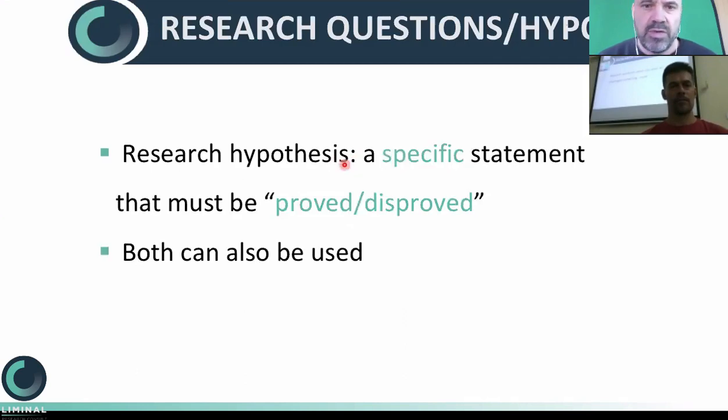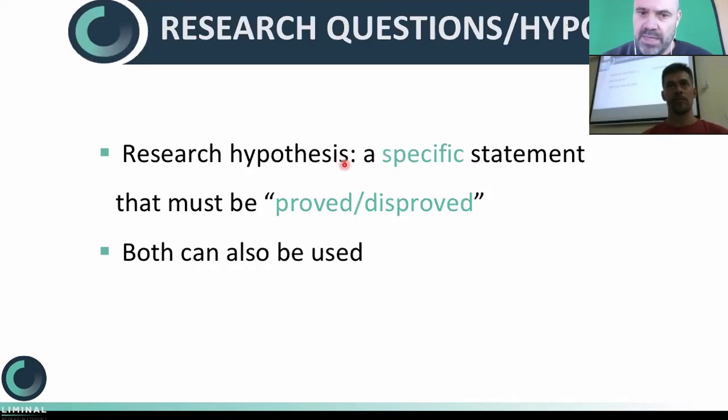Okay? So if you go to the research hypothesis, it's a specific statement that you want to disprove. What's important with a hypothesis, there's three things. The first thing is the variables in your hypothesis must be measurable.